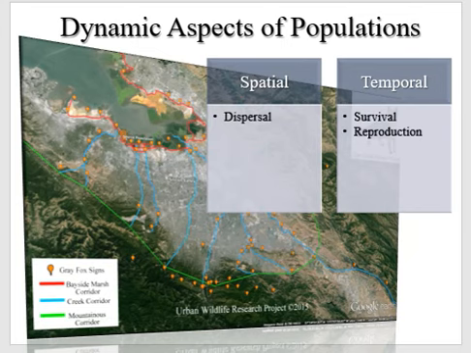Now we'll move through some other specific dynamic aspects of different populations. As I said before, the major factors influencing your populations as far as size and composition are those three factors of birth rates, death rates, and emigration or immigration, movement per se.